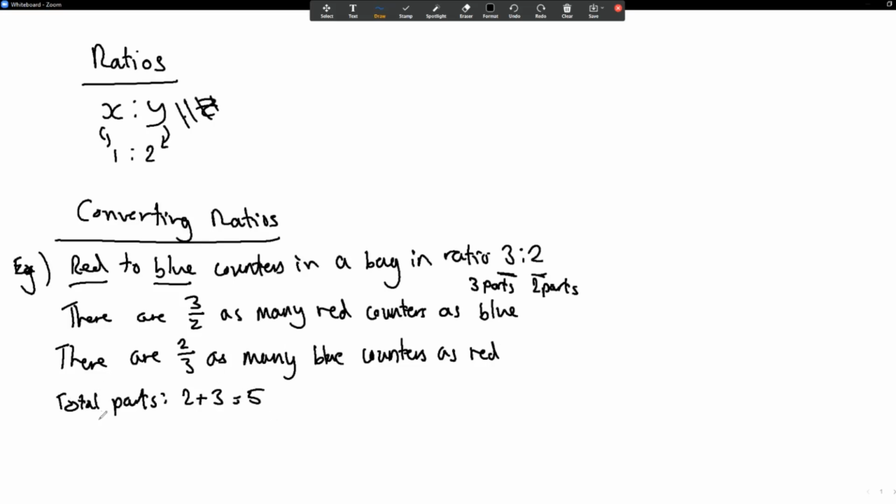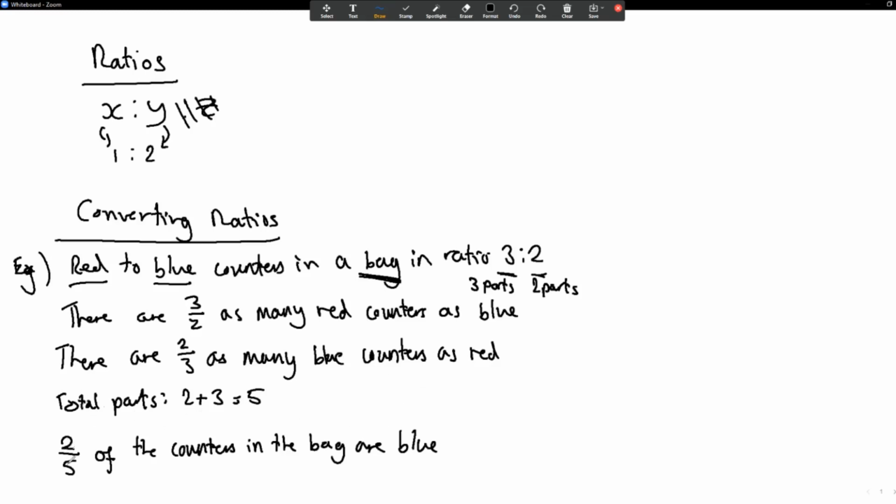So we can also say, for example, 2 out of 5 of the counters in the bag are blue. So instead of comparing it to something else in the ratio, we've got the total amount of parts, which is everything in the bag, and we've said that 2 out of 5 of the counters are blue, and clearly 3 out of 5 will be red.